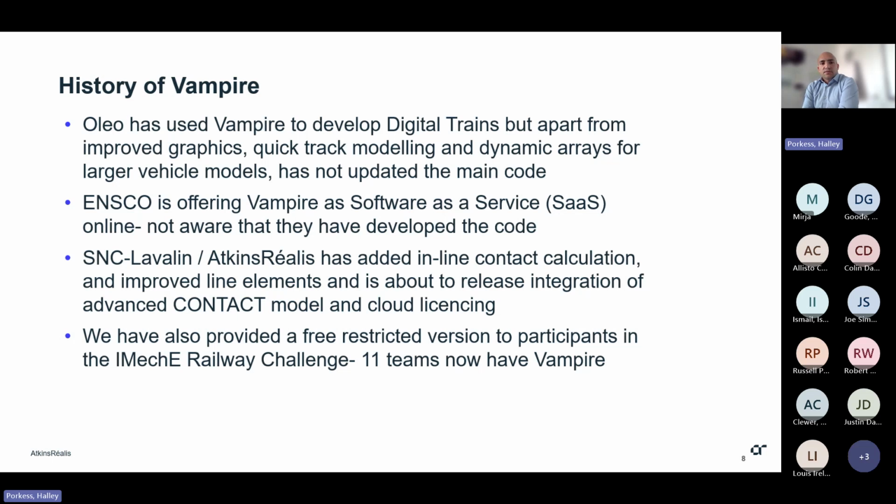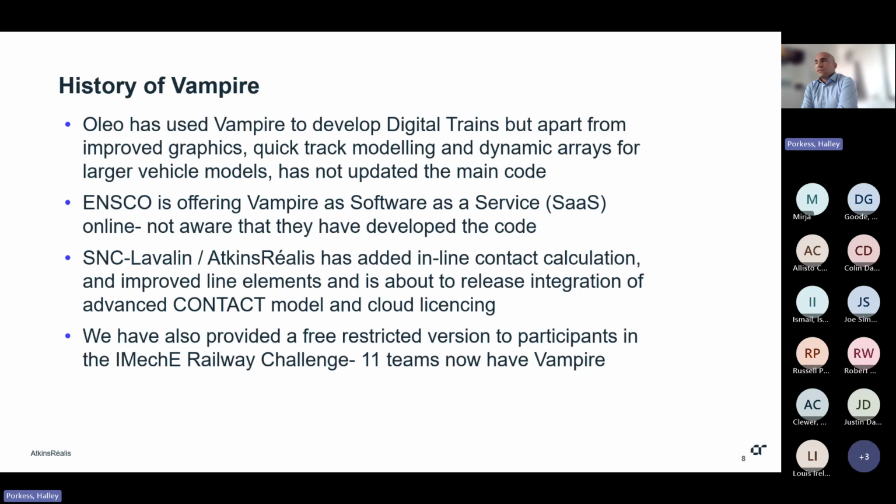We've added inline contact calculations and improved line elements, which we'll talk about later. Our next big release, which is happening soon, will include the advanced contact model with cloud licensing.